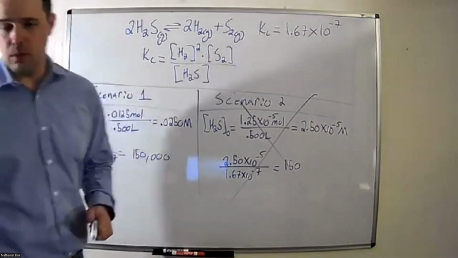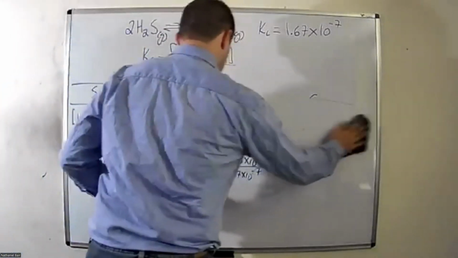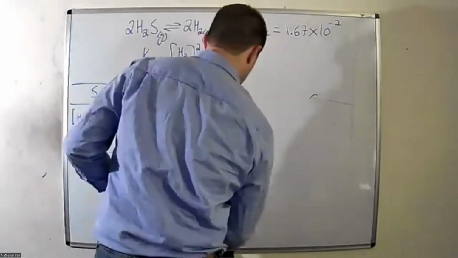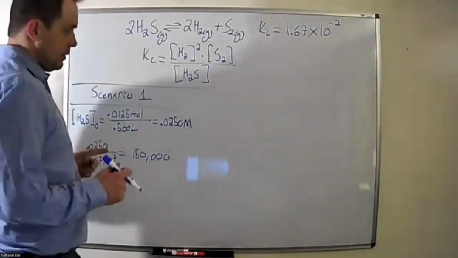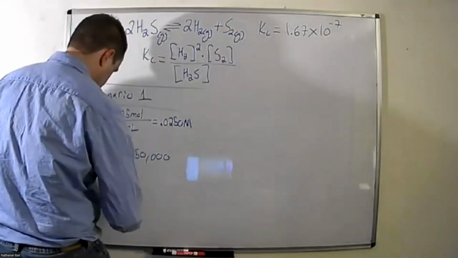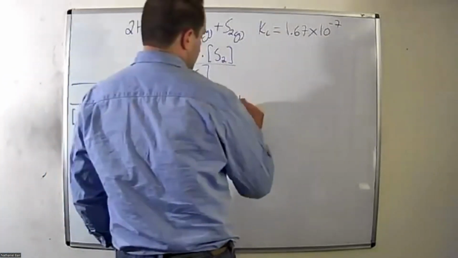Okay, so here's what you're going to do. We're going to plow forward only with scenario 1. So x is small. I want an ice table.